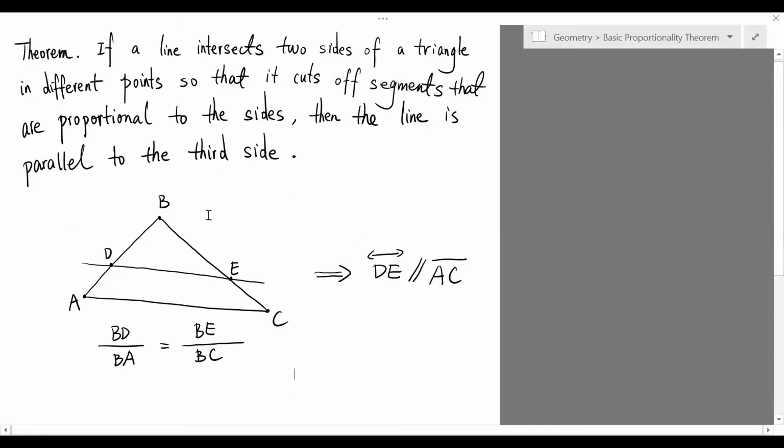Just as in the figure down there, if we know that the ratio between BD and BA is equal to the ratio between BE and BC, then the line DE, which is this line cutting the triangle at two sides, would have to be parallel to the third side, which is AC.